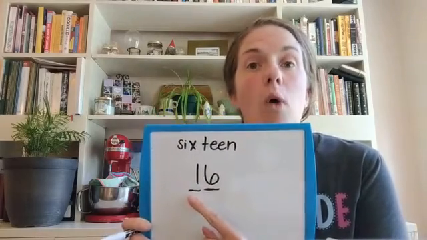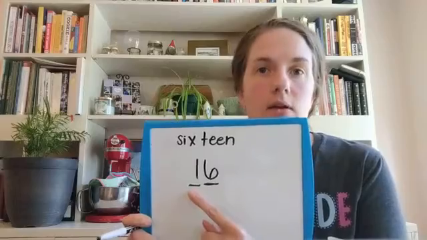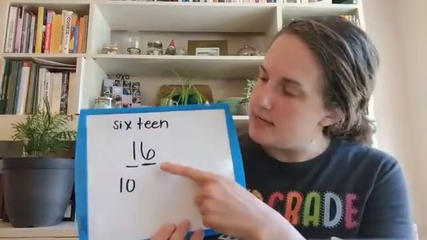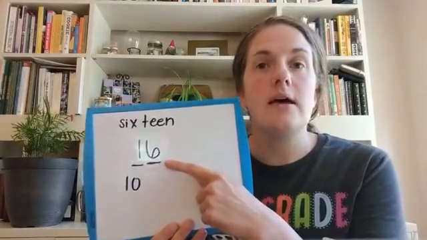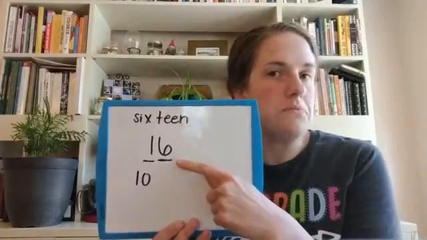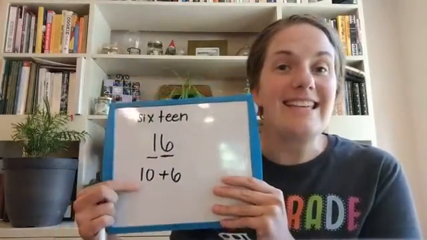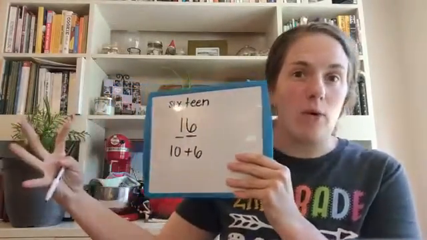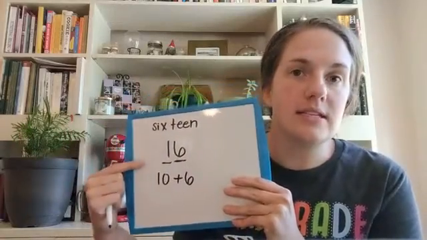That means one group of 10, or 10. So I can write 10. And then a 6 in the ones place represents 6 ones, or 6. So I can say 10 plus 6.